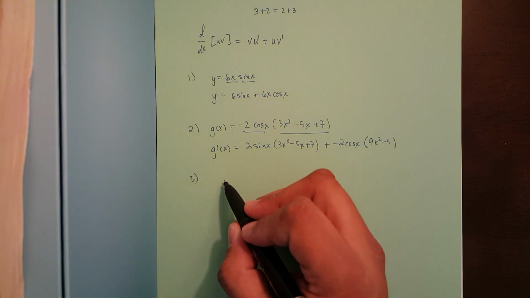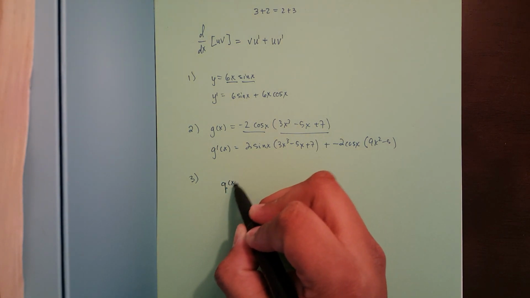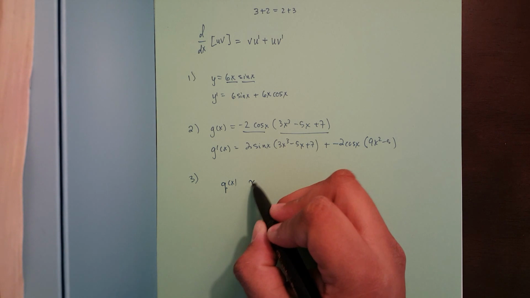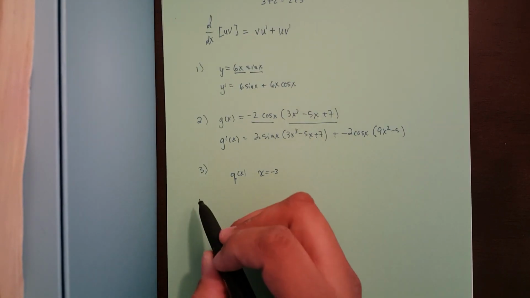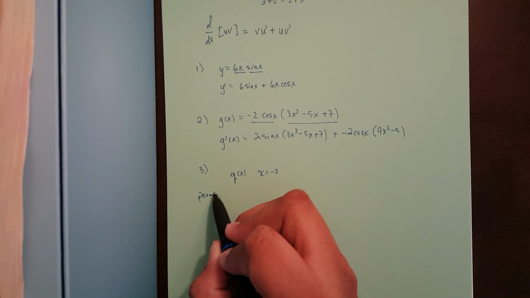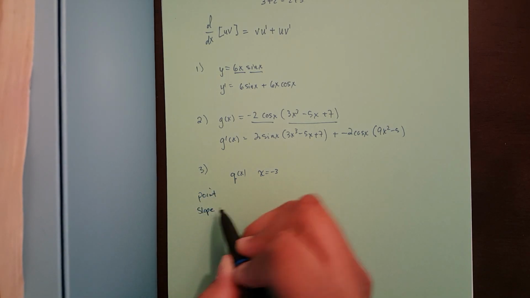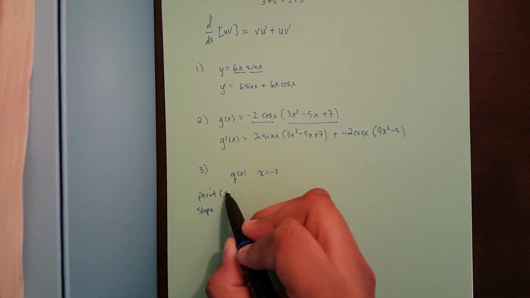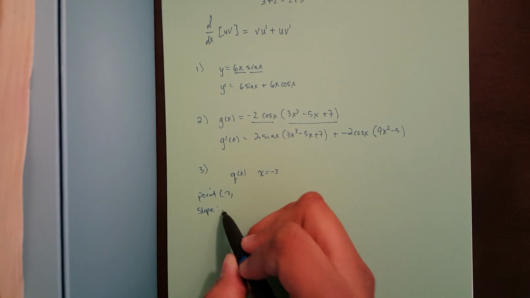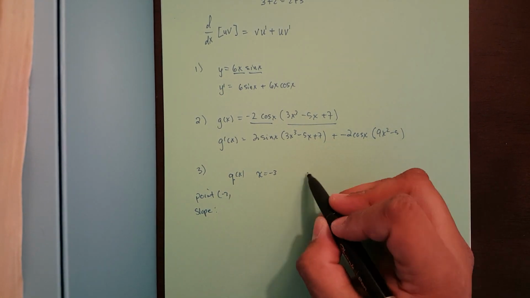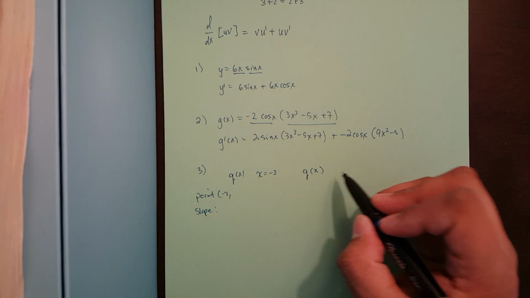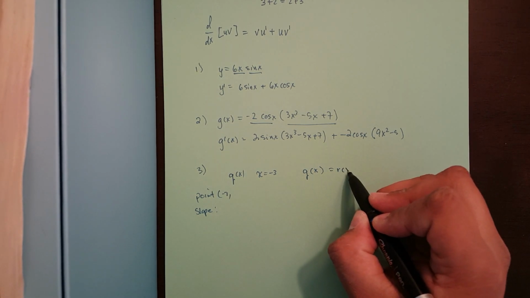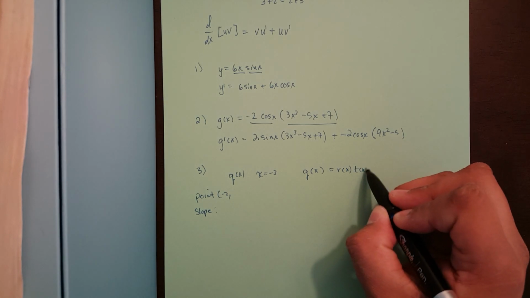All right, so we want to find the derivative of q of x at x equals negative 3 so that we can get the slope. So first of all, we want to know a tangent line, right? So we need a point and a slope, okay? And of the point, we already have the x value. So we just need the y value and the slope, all right? We also have this formula that q of x is equal to r of x times t of x, okay?